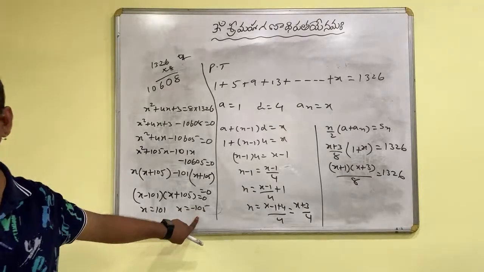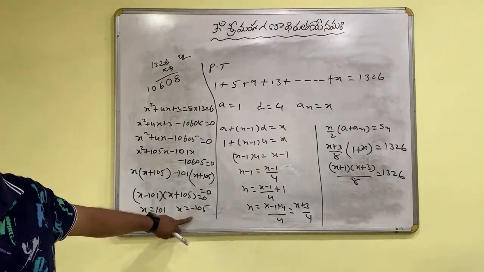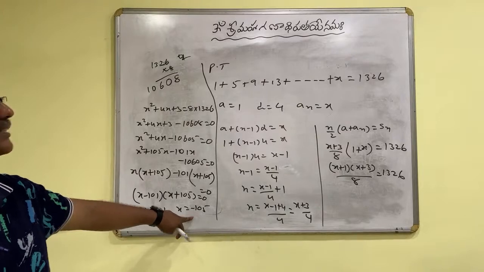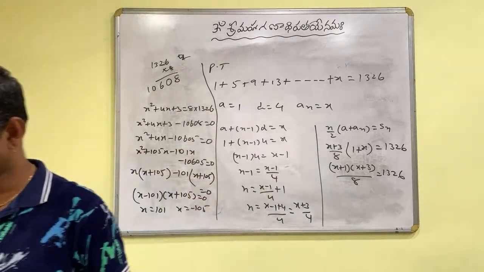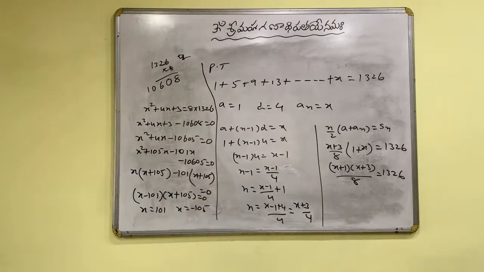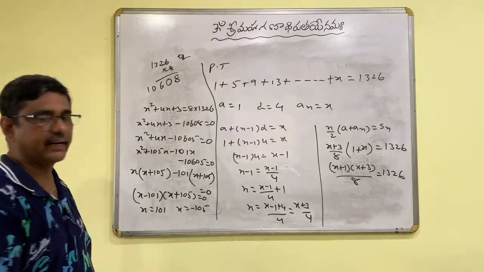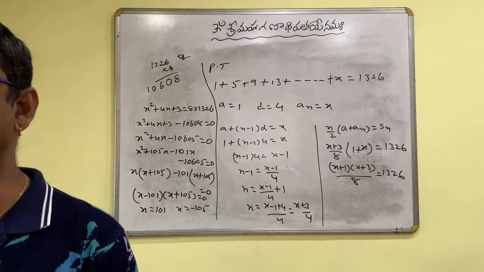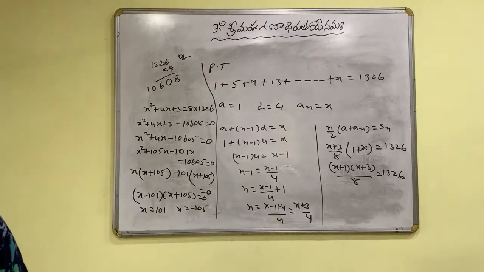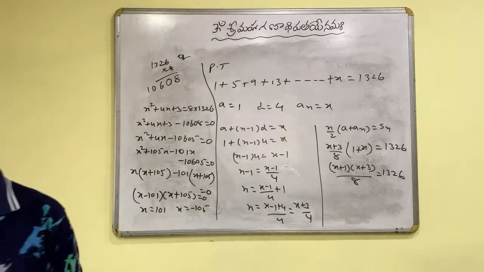We are getting negative 105, not 105, Kaushik. So x is only 101. Okay? So the prime factorization, splitting the middle term, using that n cannot be negative, right?